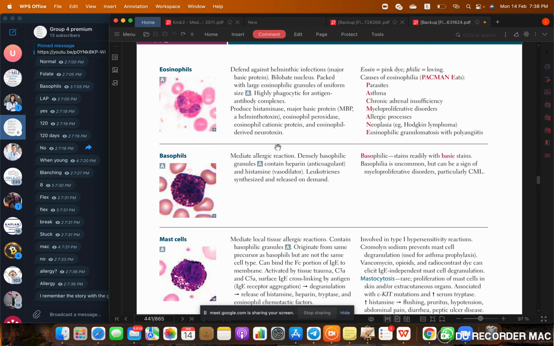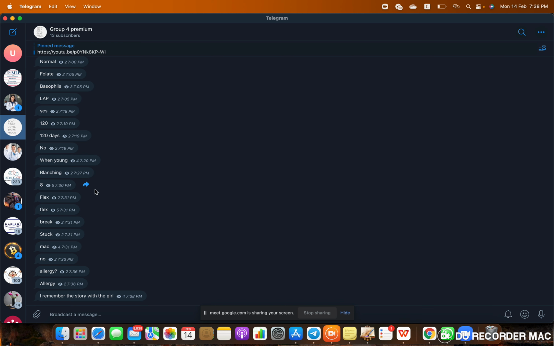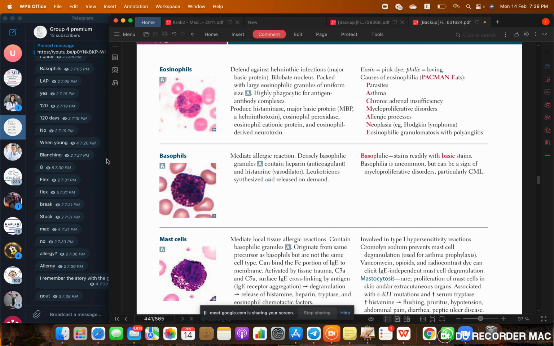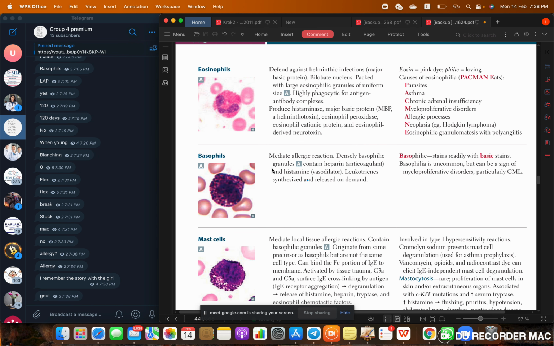Well, what is it? Exactly, that's the story with the girl. I totally agree. It is the same disease. That girl, what disease did she have? The answer is interstitial nephritis. Interstitial nephritis, guys. It's really common nowadays, especially with a lot of people taking the drug.